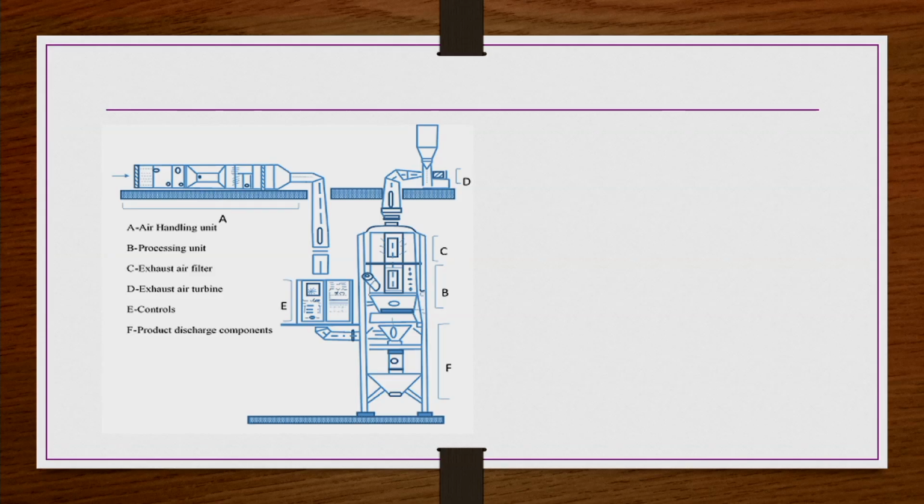So in the schematic, as already stated, we have a dehumidifying section here. Actually this air handling unit entirely does a dehumidification of the air and then heats the inlet air if required, and then that air comes through this processing section.